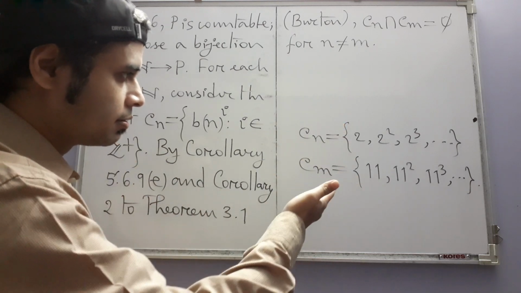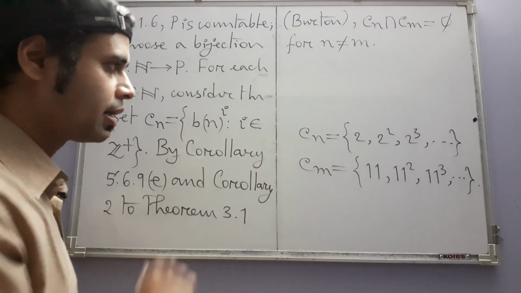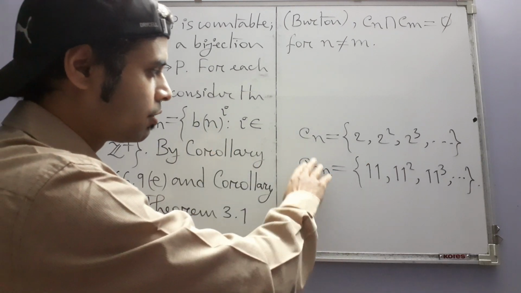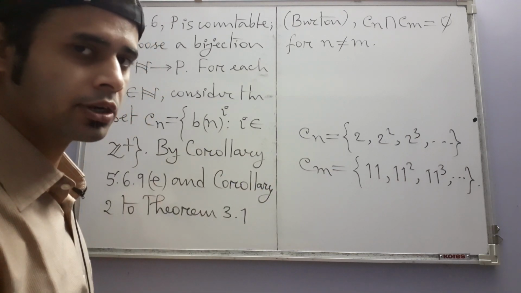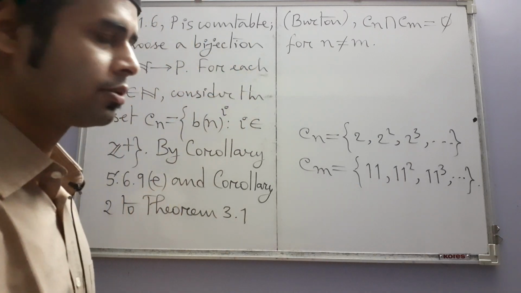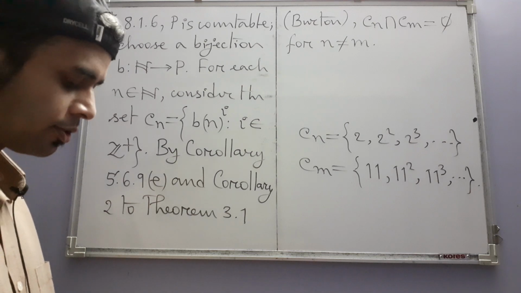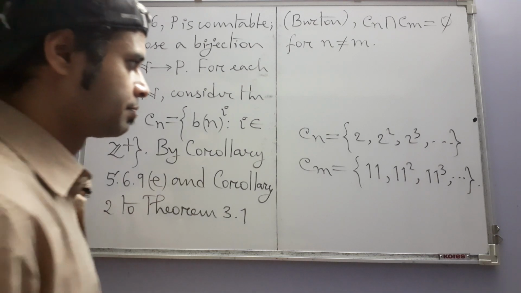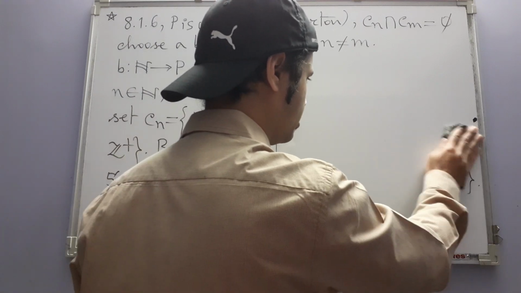For this part, you can write your own justification for why two such sets will never have any common element. It has something to do with prime factorization of an integer. You understand what I am talking about. So that is why they are disjoint.